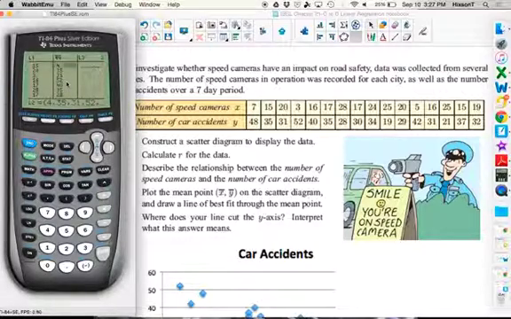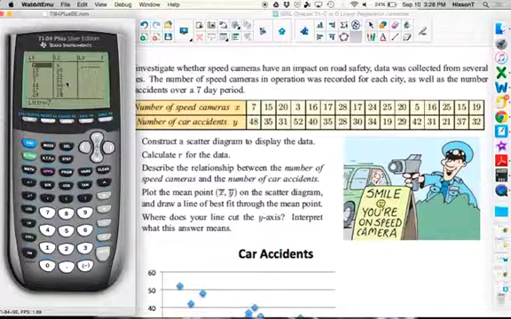Oh, wait, because I missed 7. 5, 16, 25, 15, and 19. Okay, so now we have it.